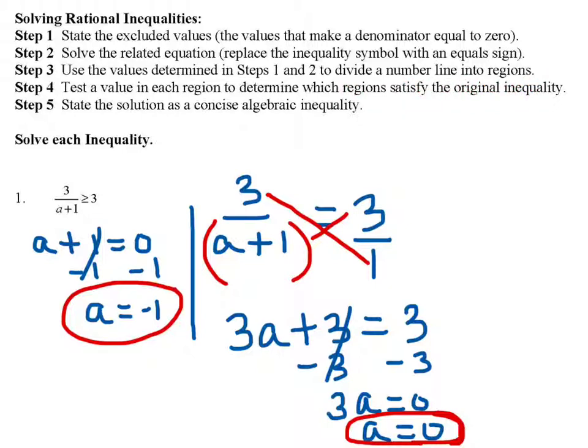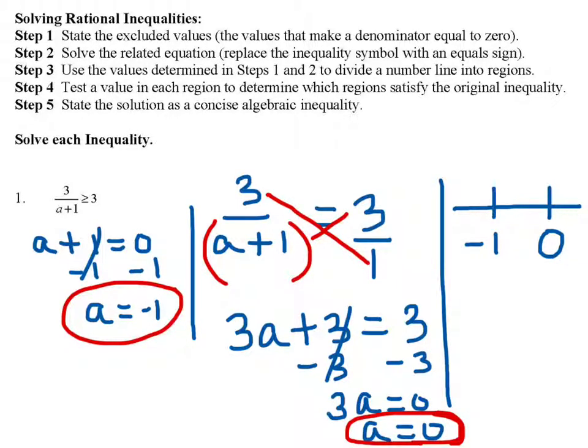So step 3, I'm going to set up a number line into 3 regions. I have an a equals negative 1 and an a equals 0. So I now have my number line set up into 3 different regions.